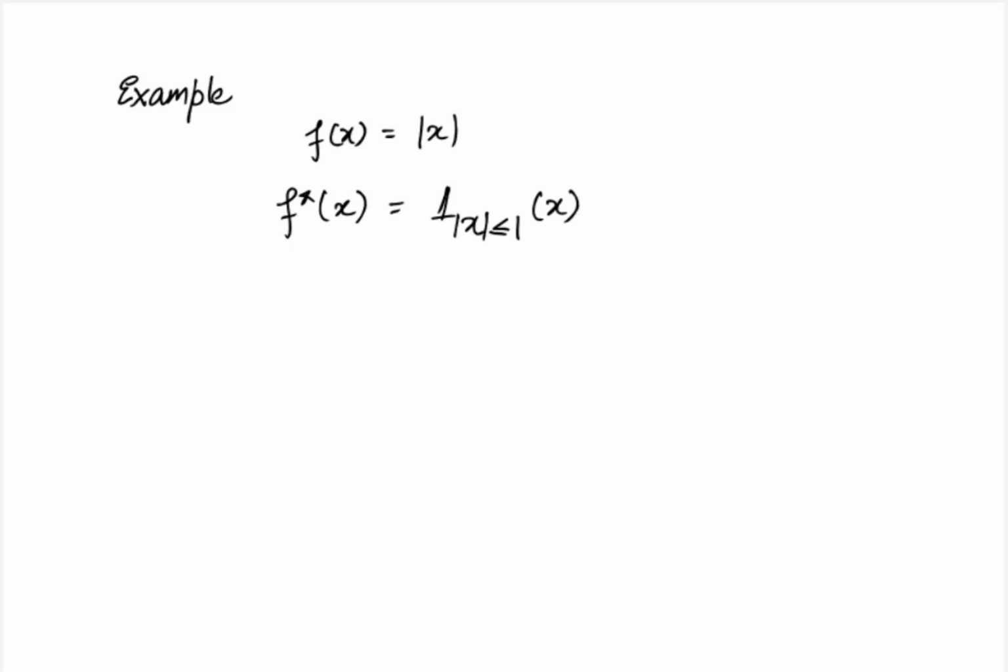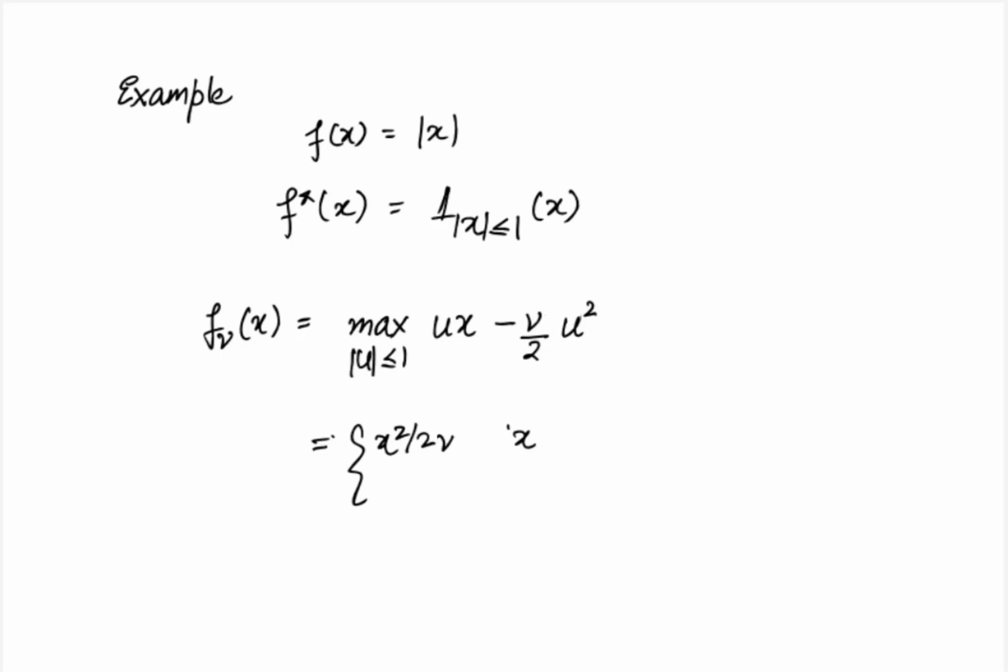So we can use this to calculate the smooth approximation as f nu of x equal to the max over absolute value of u less than or equal to 1 of ux minus u square by 2 times nu, which upon maximizing with respect to u gives x square by 2 nu for absolute value of x less than or equal to nu, and absolute value of x minus nu by 2 otherwise, which is nothing but the Huber function. So the conjugate correspondence theorem directly implies the form of the Huber function from the original absolute value of x.